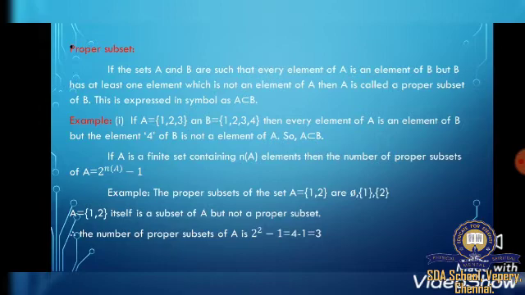Next we move on to the proper subset. If the sets A and B are such that each element of A is an element of B, but B has at least one element which is not an element of A, then A is a proper subset of B. For example, if A is equal to {1, 2, 3} and B is equal to {1, 2, 3, 4}, then every element of A is an element of B, but the element 4 of B is not an element of A. So we represent this as A is a proper subset of B. If A is a finite set containing n(A) elements, then the number of proper subsets of A is equal to 2 to the power n(A) minus 1.